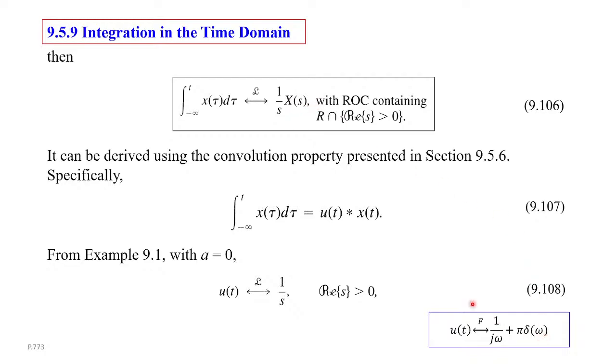When you do the Fourier transform on integration, instead of just 1 over j omega, you also get a weird delta term. A very good example is the unit step function: the Fourier transform is 1 over j omega plus pi delta of omega.